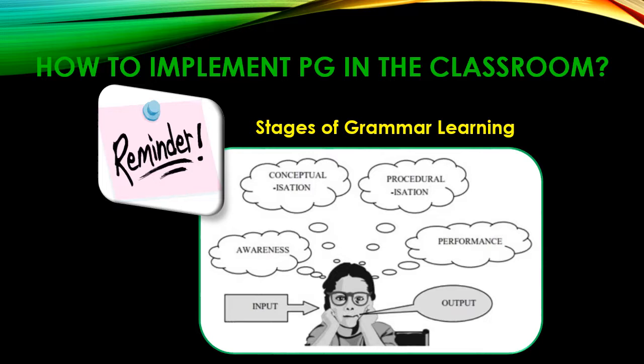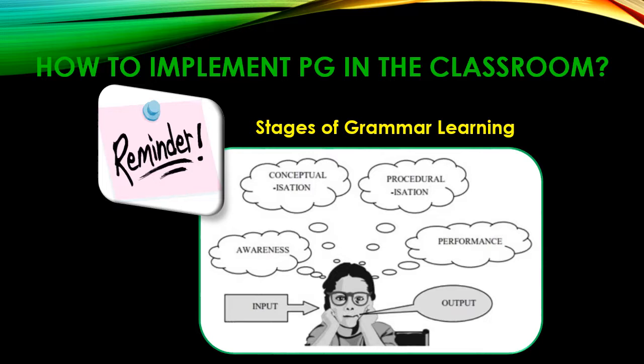Learners incorporate new rules, and under this category, there are four general ways of acquiring a new language. The first one is by explication, or learning by understanding. The second one is by exemplification, or learning by sensing. The third one is by exploration, or learning by reflecting. And the last one is by utilization, or learning by using or doing.